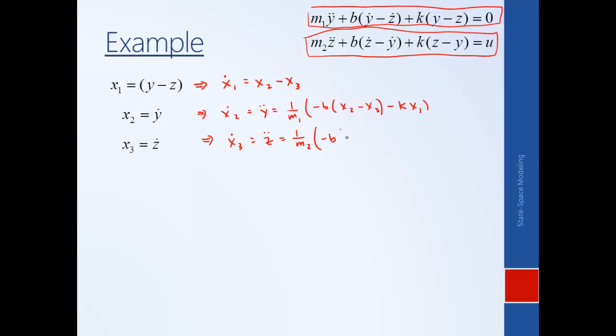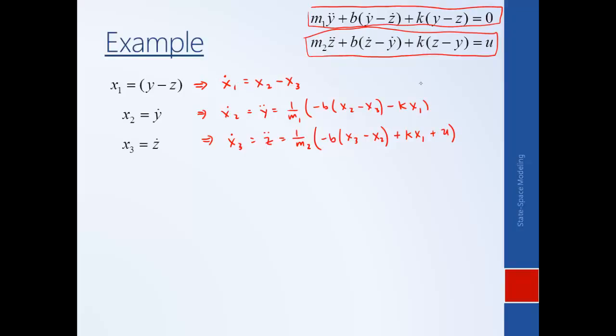So minus b times z dot, where z dot is x3, minus y dot, which is x2, subtract k times z minus y, where this is negative x1. So a negative x1 and the negative will become a positive. And I already had the u on the right-hand side, and it's left there.